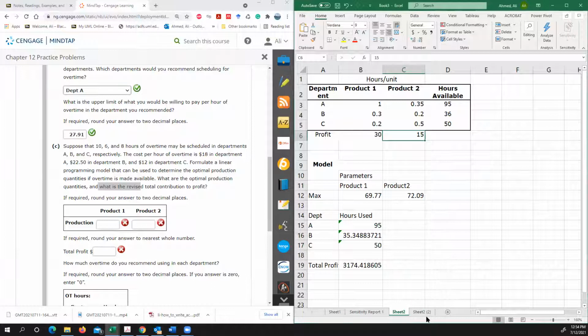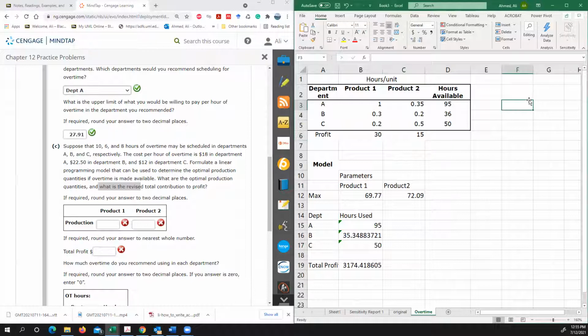Okay, so we have another copy, and then I will name this one overtime. So this one is our original.